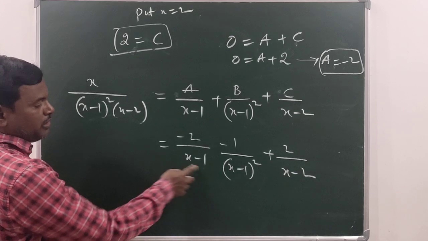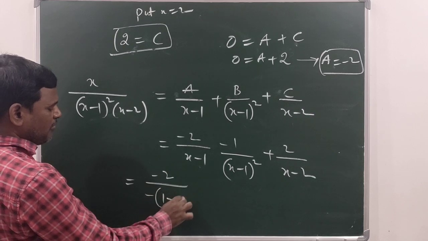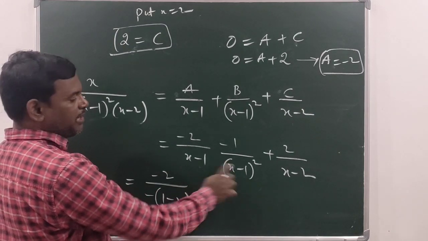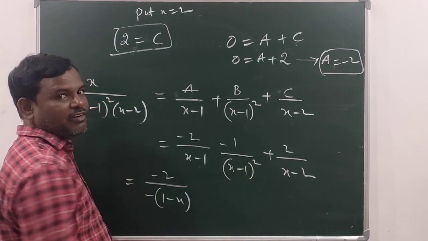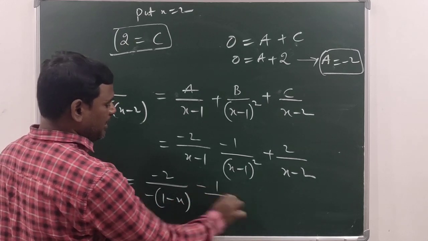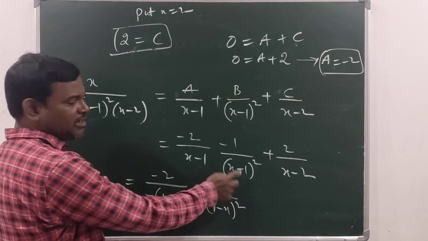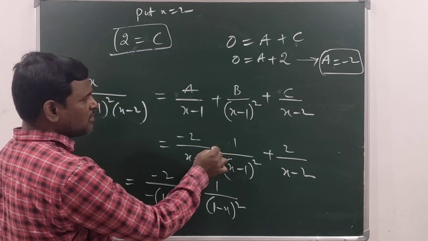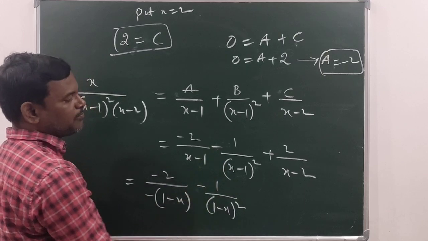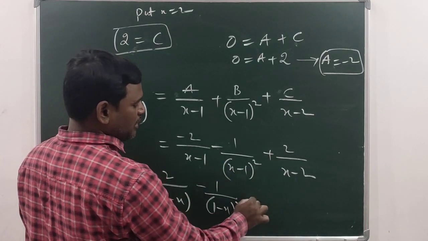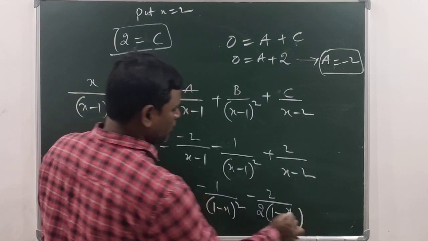How do we convert? Here you would have to take minus common. Minus 2 by minus of 1 minus x. And here also take minus common, but here whole square is there. While taking minus, the minus power even becomes positive, so it can be written minus 1 by 1 minus x whole square. Students, because whole square is there, the sign will not change. Here, taking minus common, minus 2 by 2 of 1 minus x by 2 you will get.